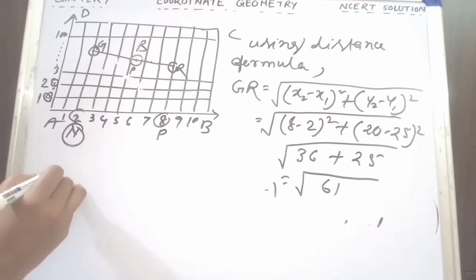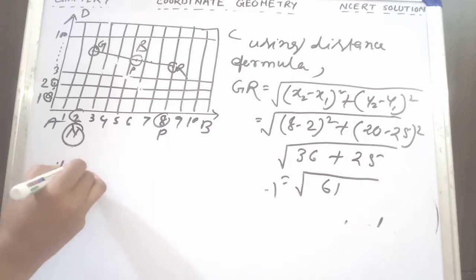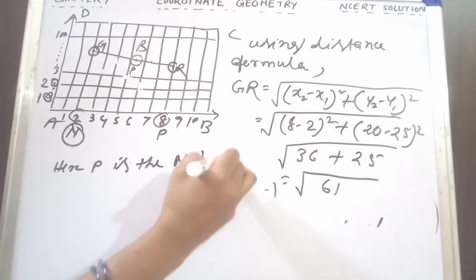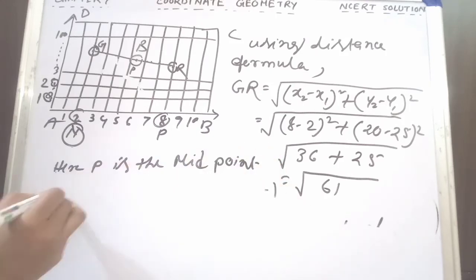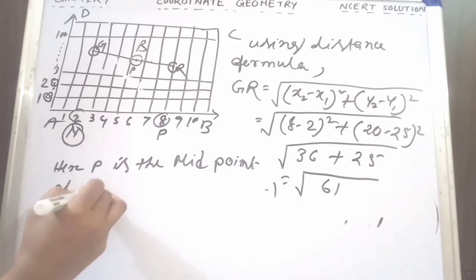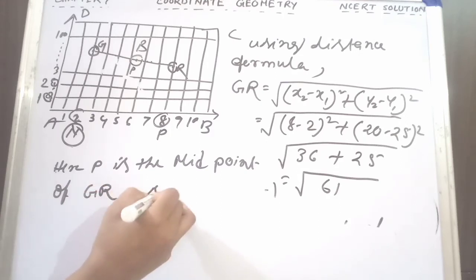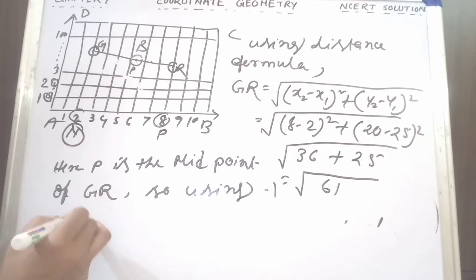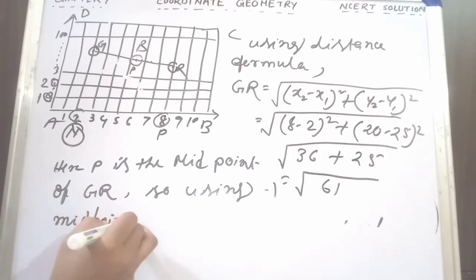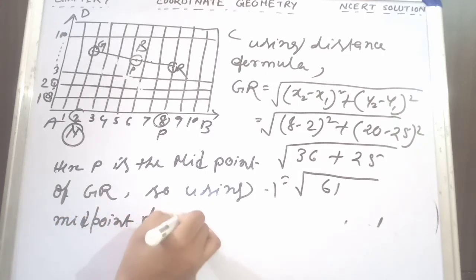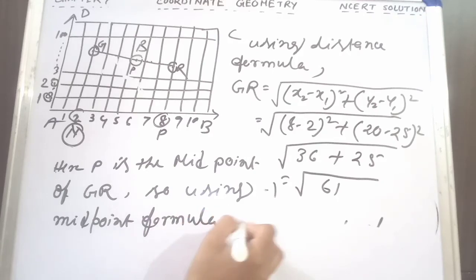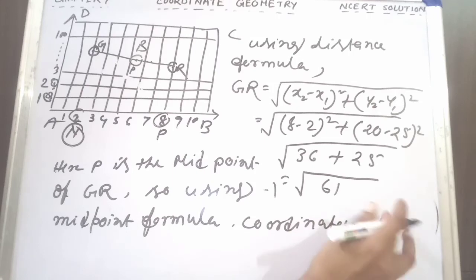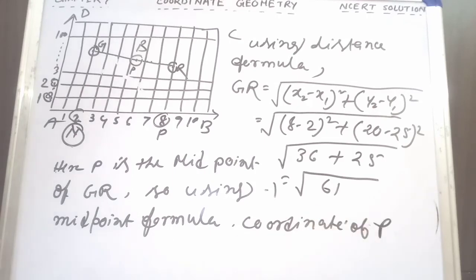So coordinate of P. Here P is the midpoint of GR. So using midpoint formula, coordinate of P.